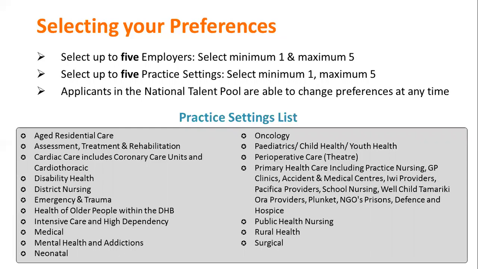So there's about 16 practice settings available here. And if there's a specific subspecialty that you are interested in, you could also include this in your cover letter to the different employers. So that's another reason why you may want to have a different cover letter for each of the employers you have ranked.